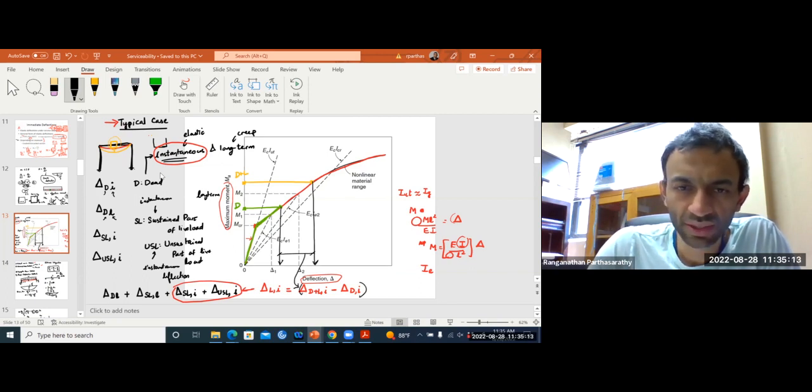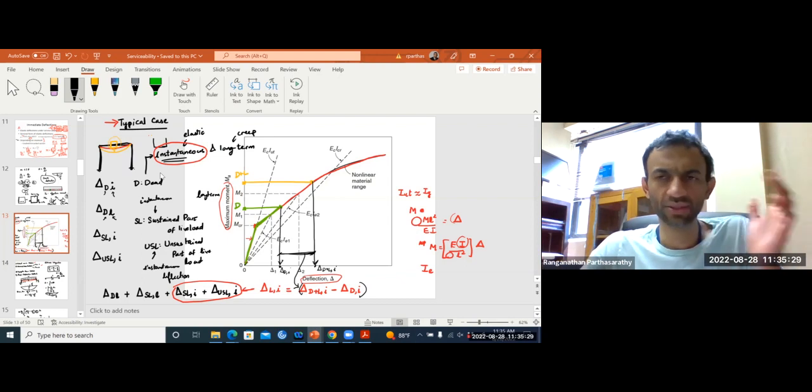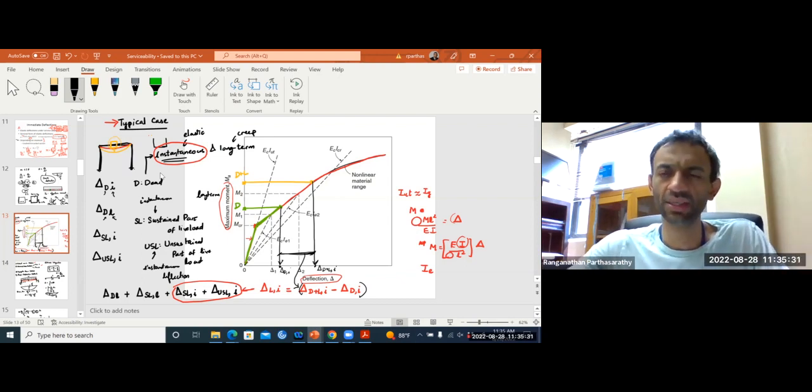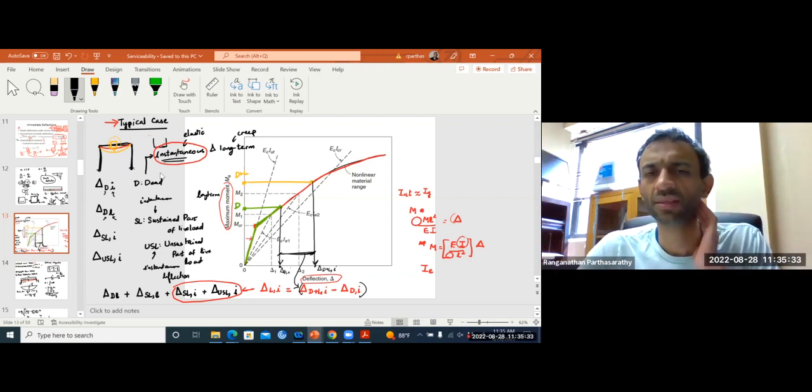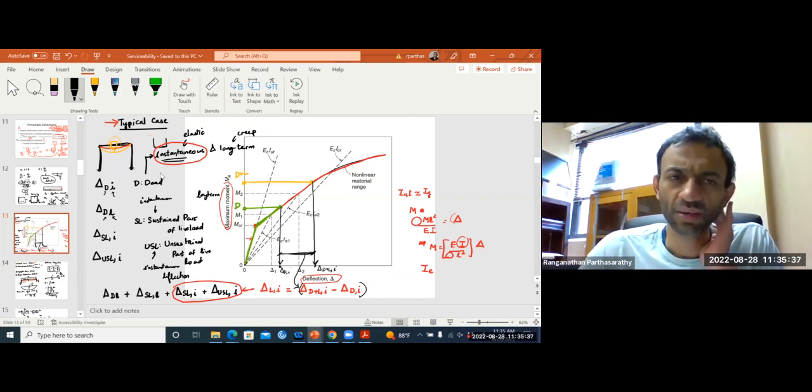This deflection is delta D I. This deflection is delta D plus L I. So this difference is what we are interested in. For whatever comes into the built structure after everything is ready, those deflections are the ones that matter most of the time, but we will see that need not always be the case.